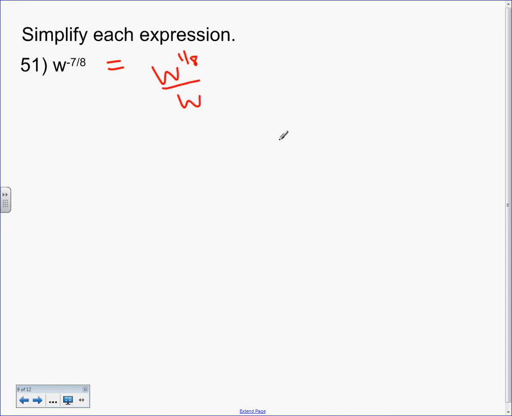Should get, when you're ready, w to the 1 over 8 over w, or the 8th root of w over w. If you don't, make me do it for you. If you got that right while you're waiting on people, do 61 next. 61 is an Algebra 1 problem. Do 61 next.